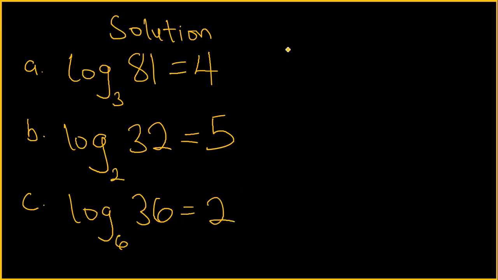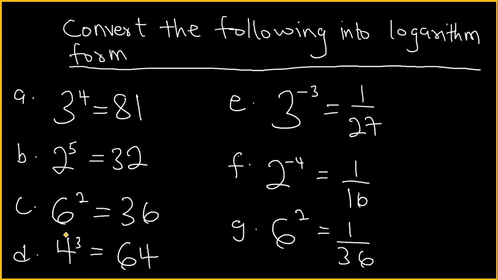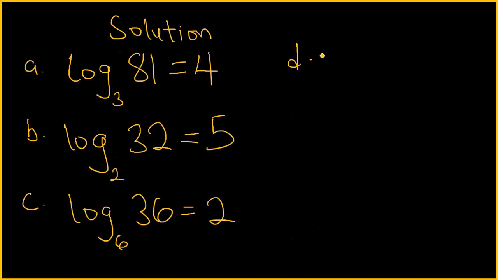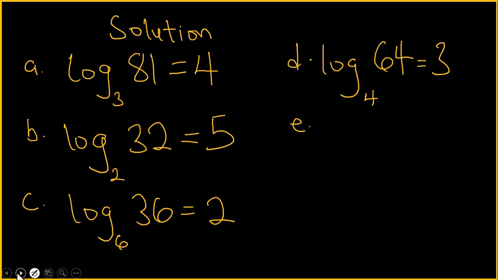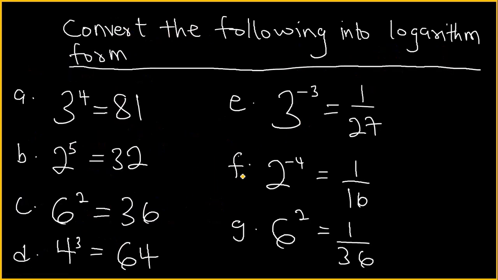The next one, log of the result 64 to the base 4 gives us a result of 3, which is the power. The next, with this index equation the result is a fraction, which is 1 on 27.